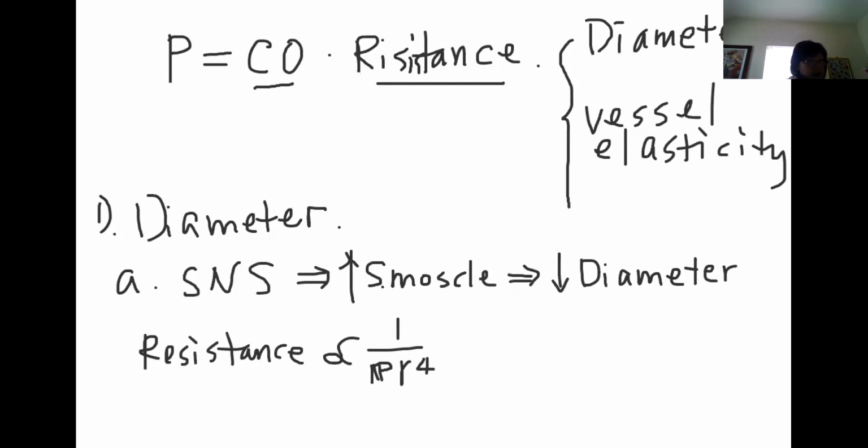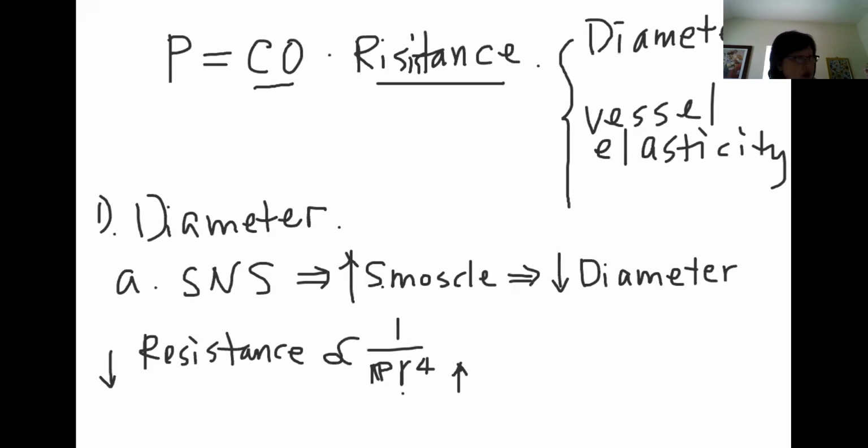So resistance varies inversely with the fourth power of the vessel radius. This little r is the radius of the vessel. This tells you the bigger the radius of the vessel, the lower the resistance, and the relationship is inversely with the fourth power of the radius. Let me give you an example.